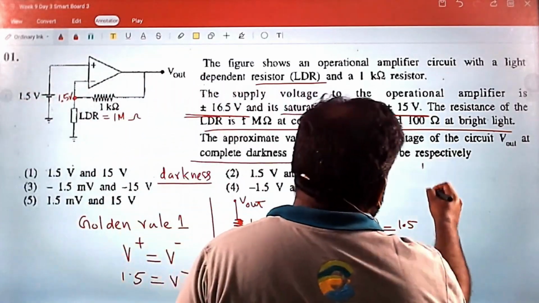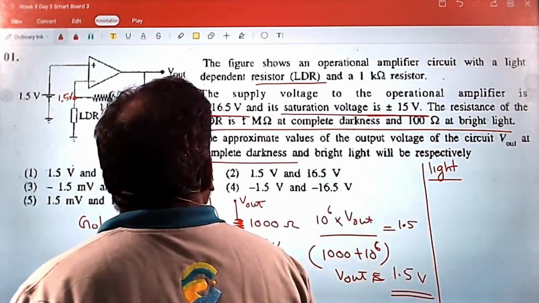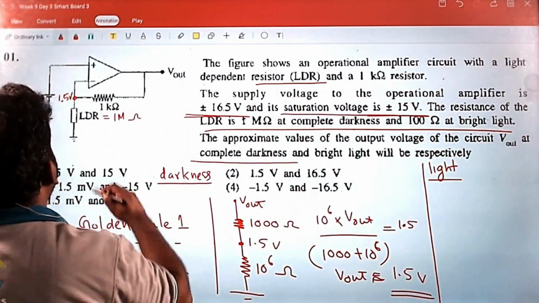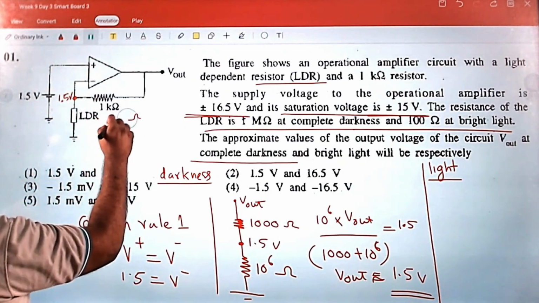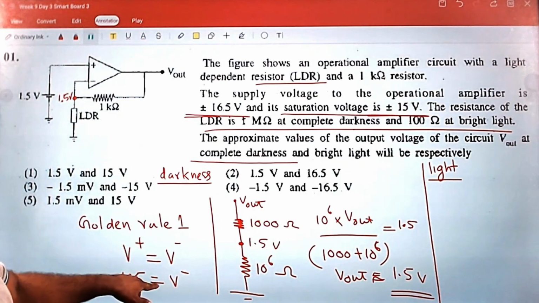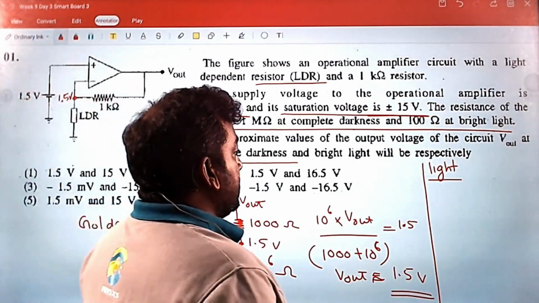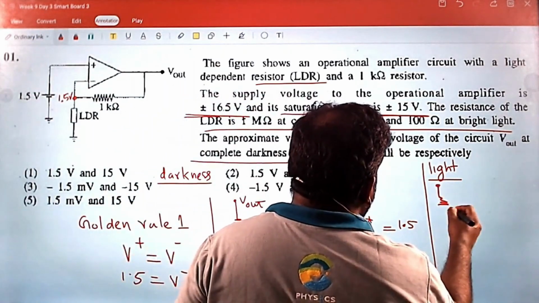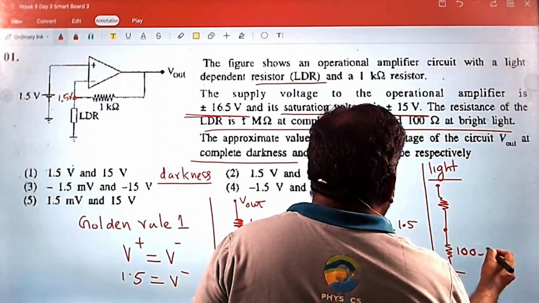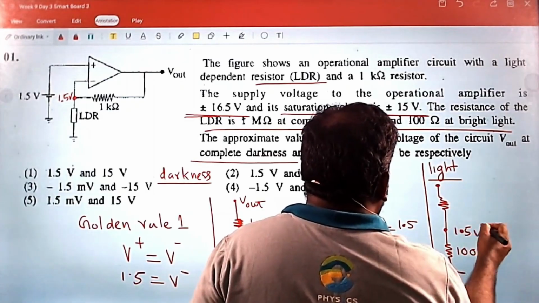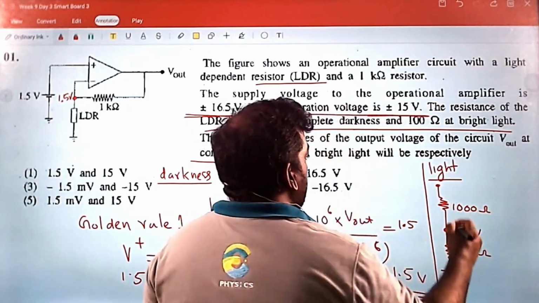When there is light, brightness, 100 ohm here. But the basic golden rule number 1 is the same. Here V minus is 1.5. So here, 100 ohm, 1.5, 1000 ohm, here V output.